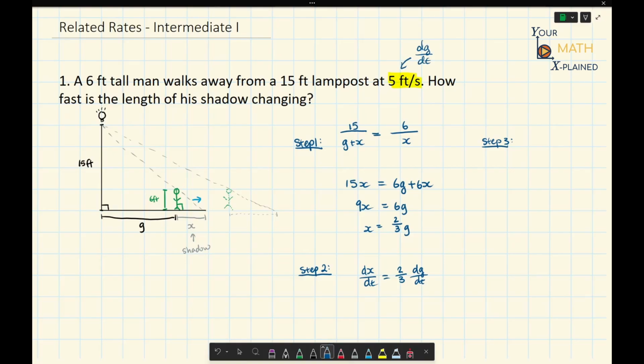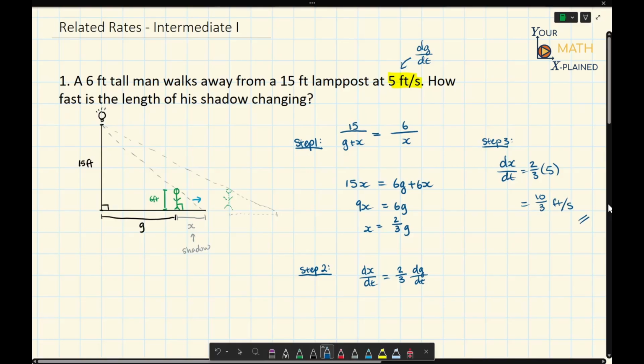We can substitute that in, which means dx/dt is equal to 2 over 3 times 5, which means dx/dt is 10 over 3 feet per second. And that would be our final answer because x here is the length of his shadow.